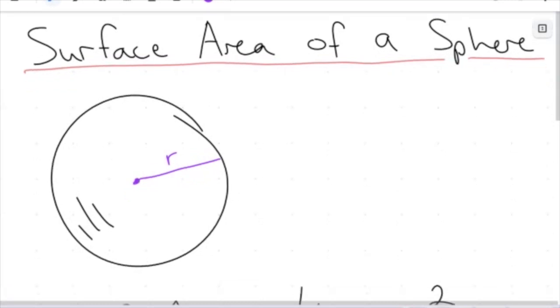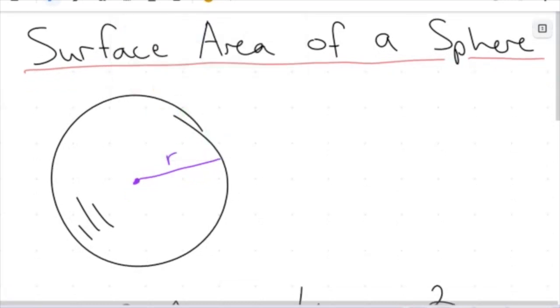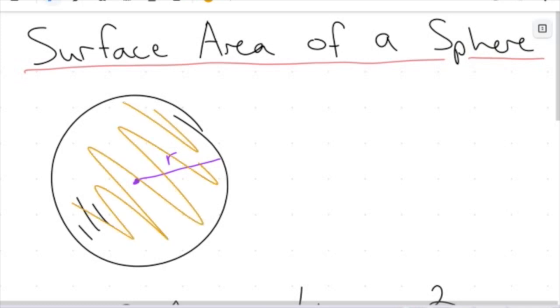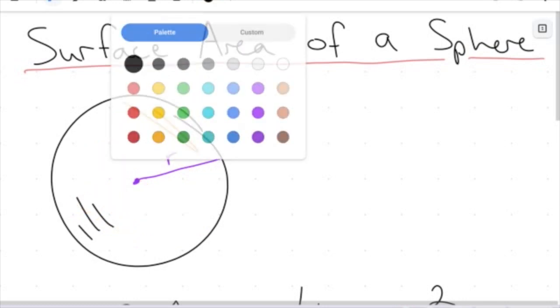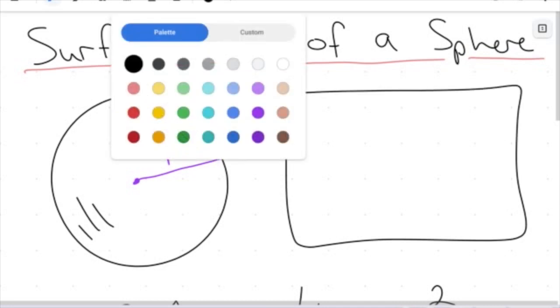Now, as I mentioned before, when I was at uni, one of my lecturers gave us a really cool way to think about this. If you want to do this at home, you will have to buy an orange. So you buy an orange from the shop, and you put it on a sheet of paper.